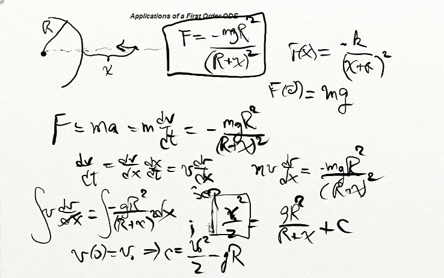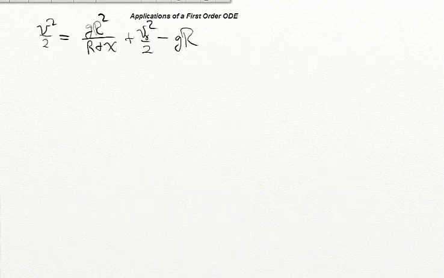Continuing from the last screen, I've rewritten the equation that we had arrived at, and we can solve this equation rather easily for v. We just have to multiply by 2 and take the square root.